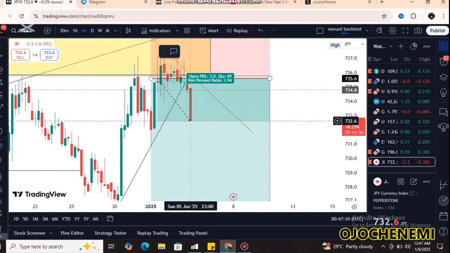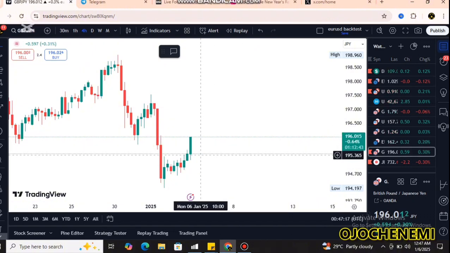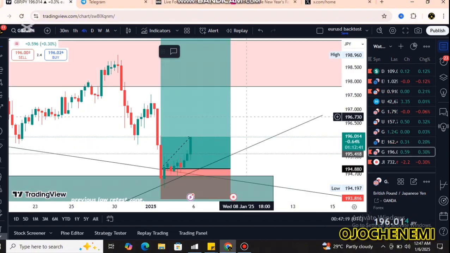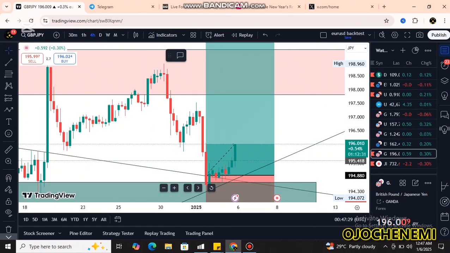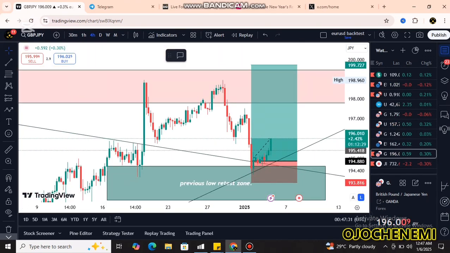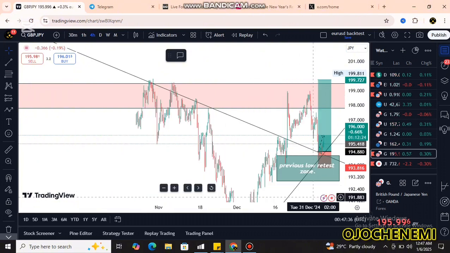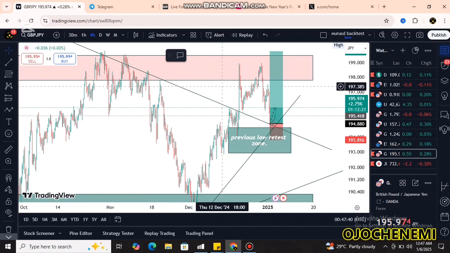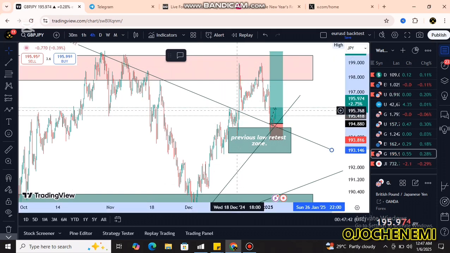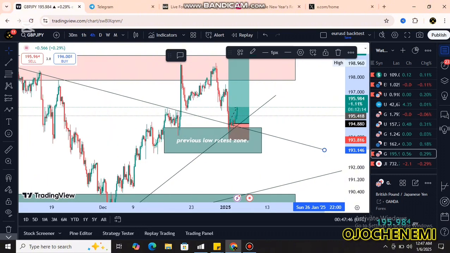So we can see that it's still going massively bullish. So we are still on this trade, and I'll take partial profit, I guess. So you can see this one also breaks this line, it retests, so we are going backwards up, going to form a new high.